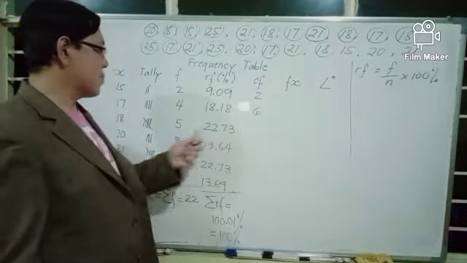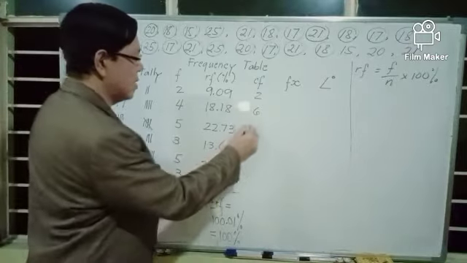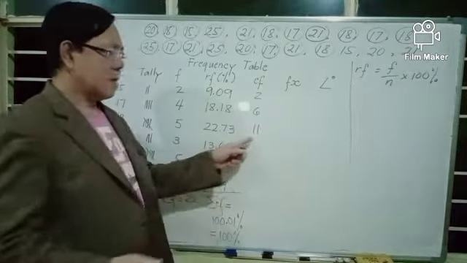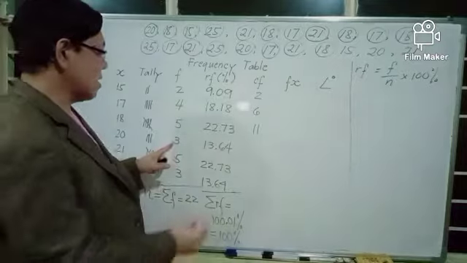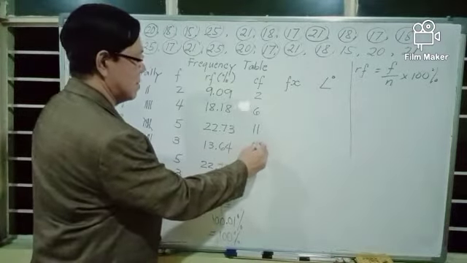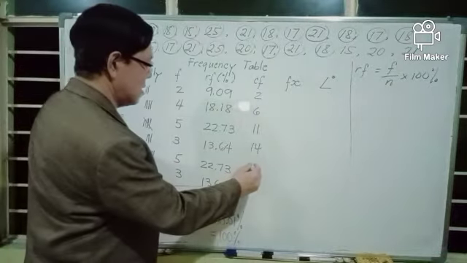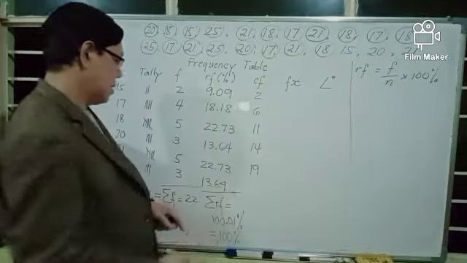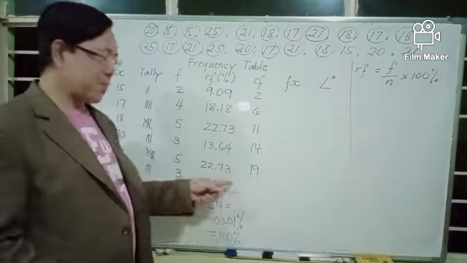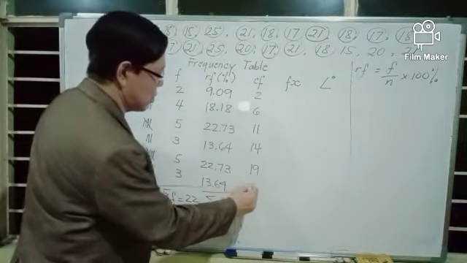And 6 plus 5 is 11. 11 plus 3 is 14. 14 plus 5 is 19. And 19 plus 3 is 22.